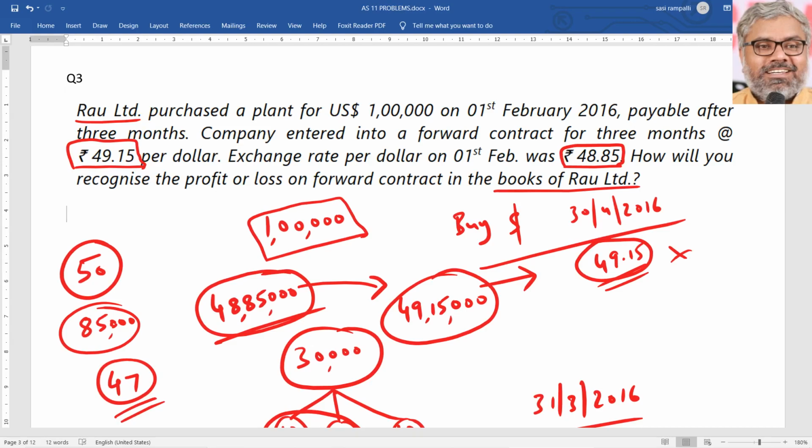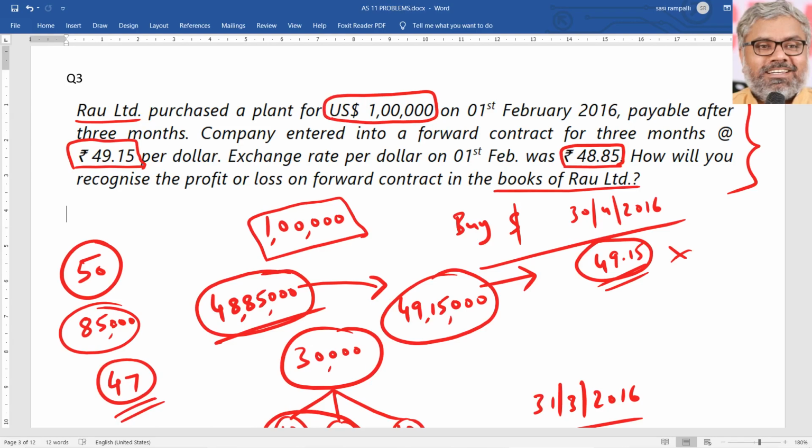That is why Accounting Standard 11 also very clearly asks: is this forward contract entered into for speculative purposes or for hedging the risk? In this case, it is entered into for hedging the risk. How do we know that? Because the purpose of this foreign currency forward contract itself is to settle a real liability.